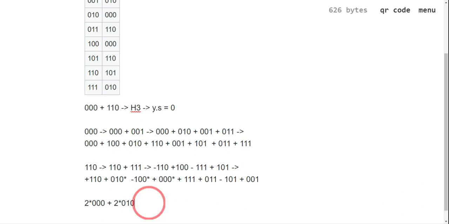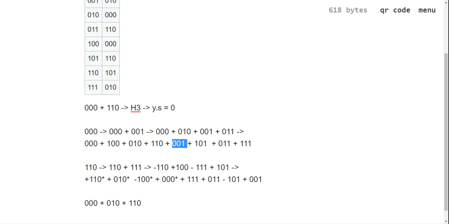And 1, 1, 0. I think I can get rid of those 2 times because when you normalize, it doesn't make any sense anymore. 1, 1, 0 is there. 0, 0, 1 is there.